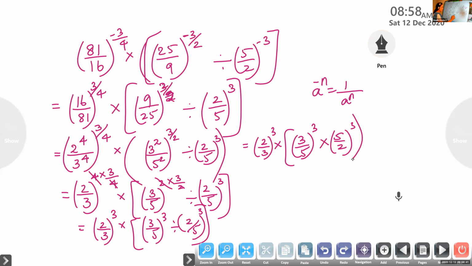So that is same as 2 cube by 3 cube into 3 cube by 5 cube into 5 cube by 2 cube. Everything is in product. When you cancel all those things, you will get the answer as 1. After cancelling, you'll get the answer as 1.